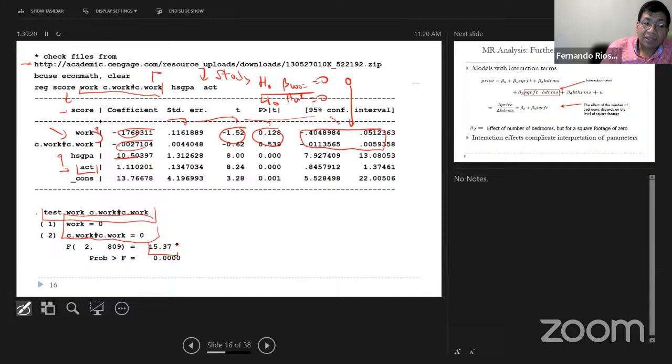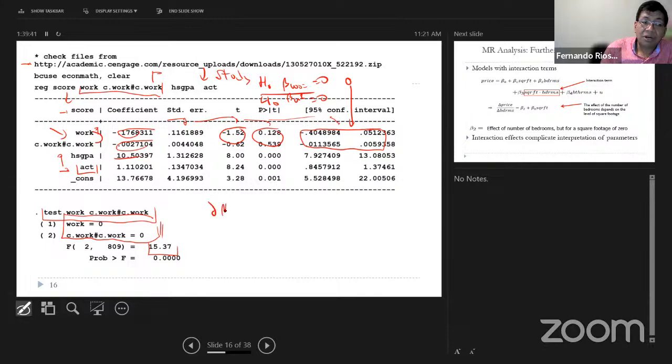And you should find that, according to the evidence in the model, you reject the null hypothesis that these two coefficients are simultaneously equal to 0. So it's possible that sometimes one is 0, sometimes the other is 0, but jointly, they have an impact on the scores.